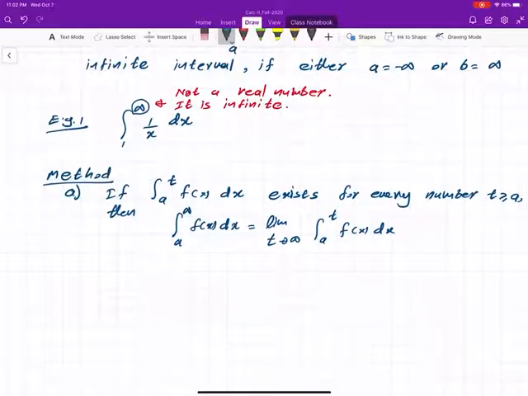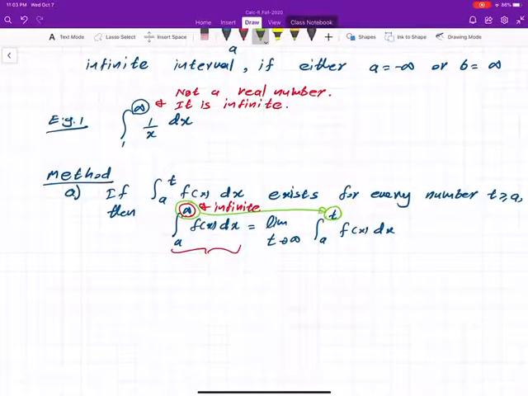So let's understand this. What I'm saying is, let's say you have to compute that. Here you have an improper integral where the upper limit is infinite. Since it's infinite, you won't be able to integrate it. So what you do is replace this infinity by that t.